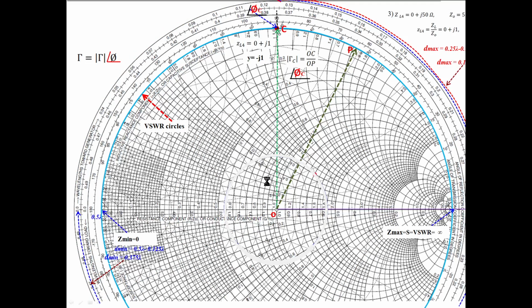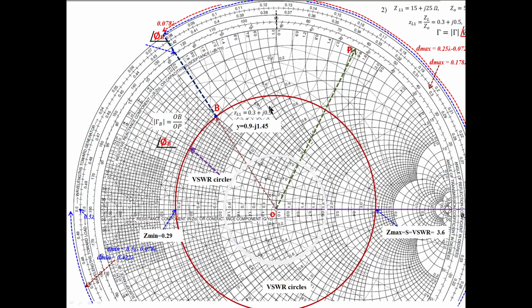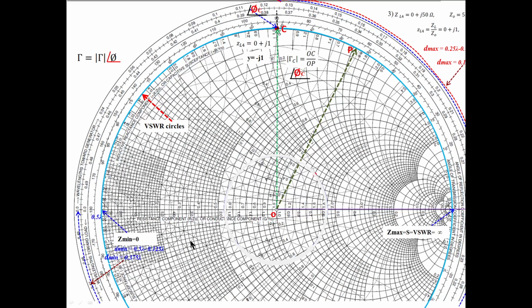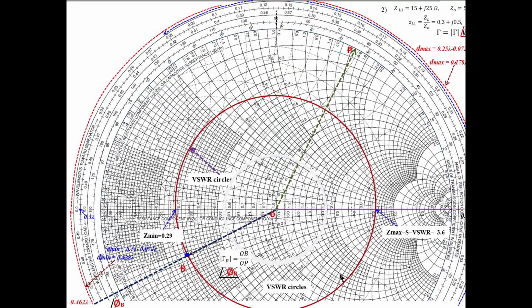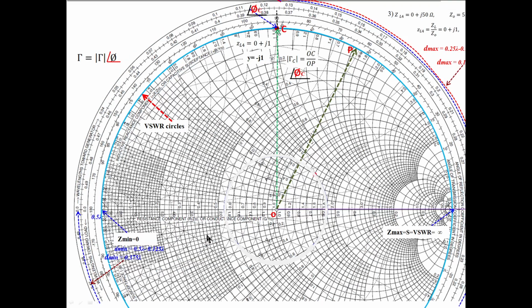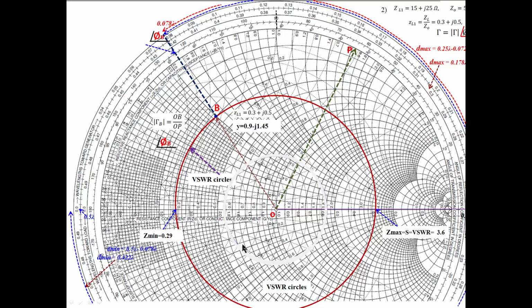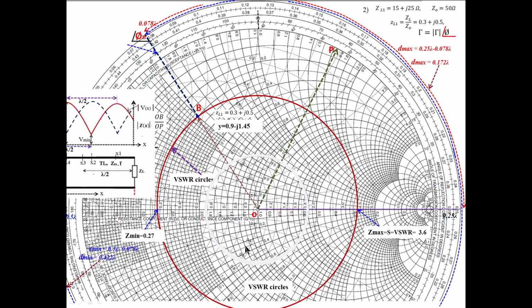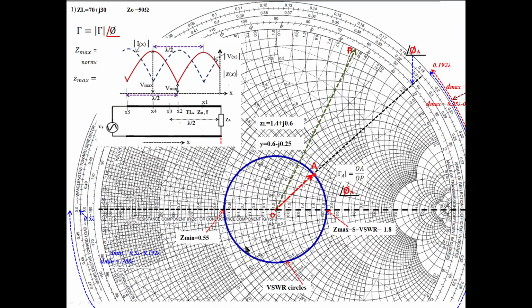But if the load is in the upper part, first maxima comes, then minima. That's why you should be careful while measuring the distance. So for any load, using the Smith chart, these are the things we can calculate.